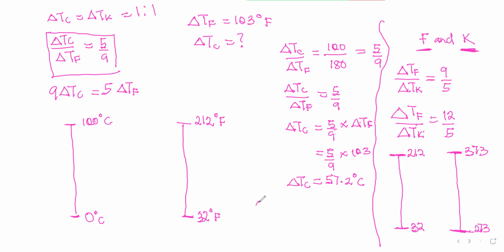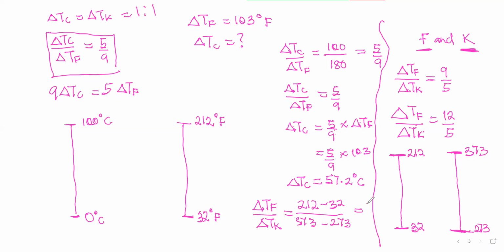So change in temperature on the Fahrenheit over change in temperature on the Kelvin, I have 212 minus 32 over 373 minus 273.